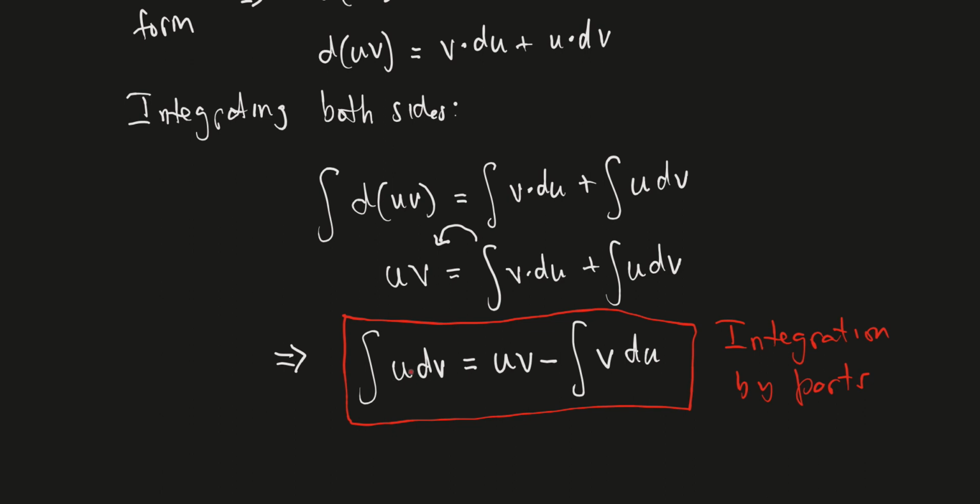But if I can choose my u and dv wisely, and there is a very wise way of choosing, which of course I will tell you, then if we could figure out this product and this other differential and set up this second integral, the hope is that we would have made a good choice so that the integral on the right hand side of the equation is simpler to work with than the integral on the left hand side, right?